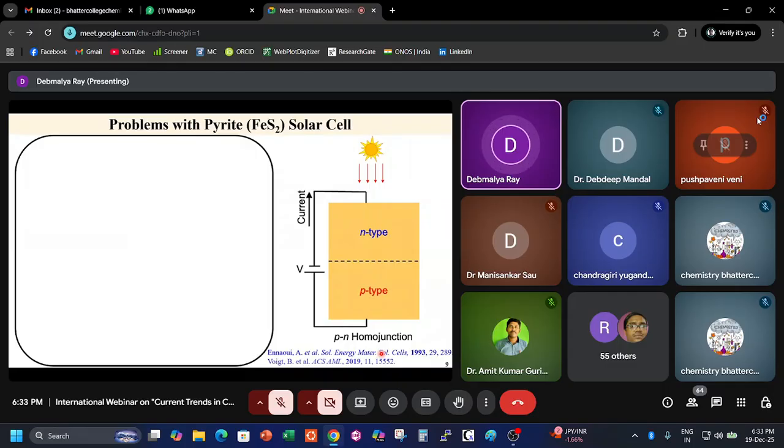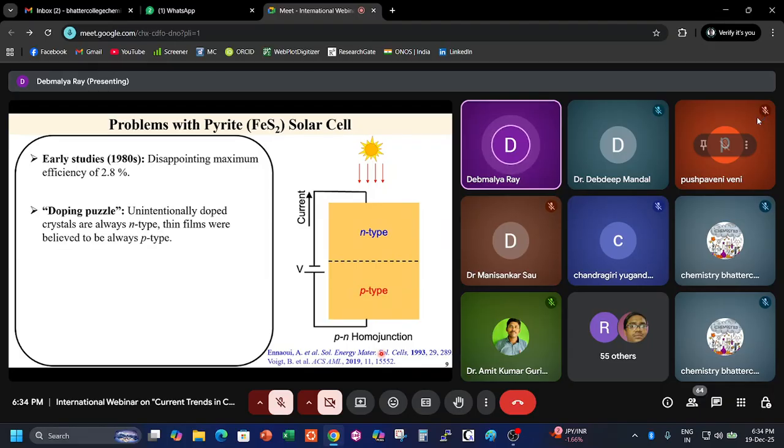But the problem is, although it has an expected efficiency of 27%, in all the studies done over the last 40 years, it never crossed anything beyond 3%. And the main problem there was a doping puzzle. People were confused whether this is an N-type material or a P-type material.